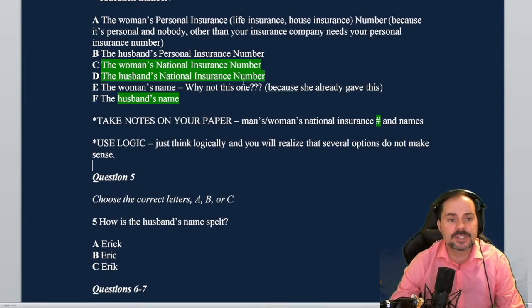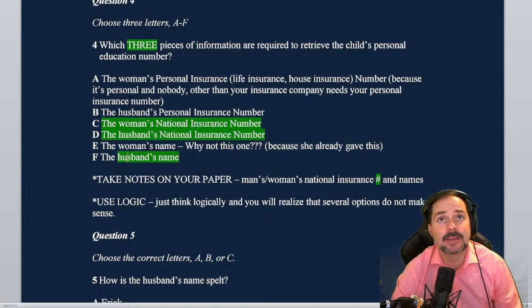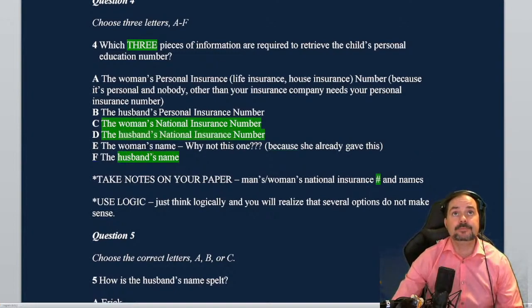Okay, so in this case, if you really think logically, then you can actually figure out that the only right answers here are the woman's, the husband's national insurance number, and the husband's name. Okay, all right.